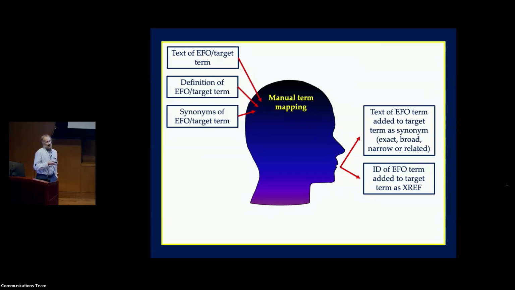It could be a narrow synonym, an exact synonym, a broad synonym, or something that wouldn't necessarily be a text match, but only an XREF, maybe for the term that was not quite close enough to make a synonym.